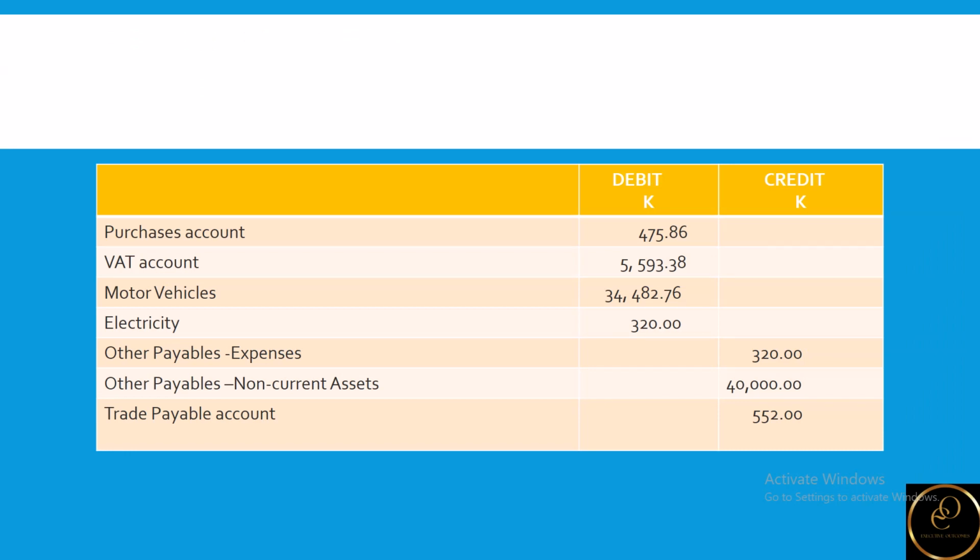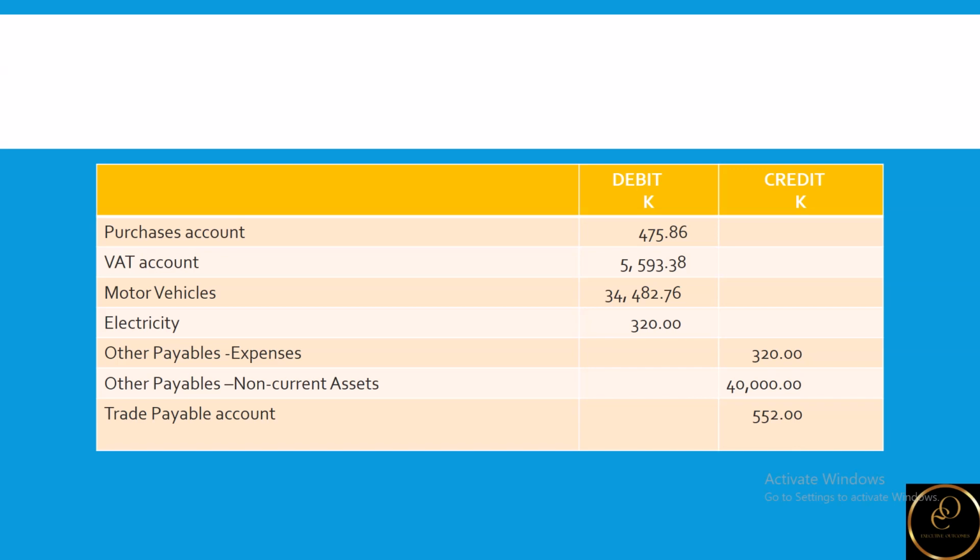So you can see that on the debit side, the purchases account reflects the increase in our stock asset. Since the asset is increasing, we debit it. So the purchases account is debited with 475 kwacha 86 ngwe. Under the rules of double entry, when we have an asset increasing, that account should be debited.